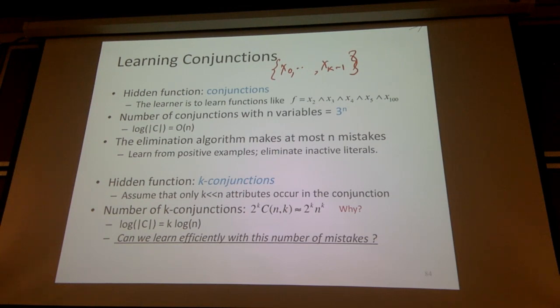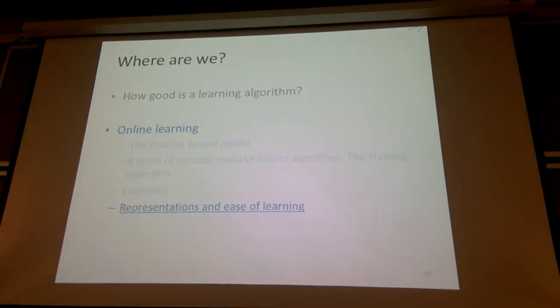There is the mistake bound that halving promises, and we had an efficient algorithm that could realize the mistake bound. That was the elimination algorithm. We can ask the same question about k conjunctions: what's an efficient algorithm that can learn k conjunctions? And that brings me to another important point, namely representations and how easy learning can be or not based on your representation. But are there any questions about k conjunctions before we move on to this point about representations?